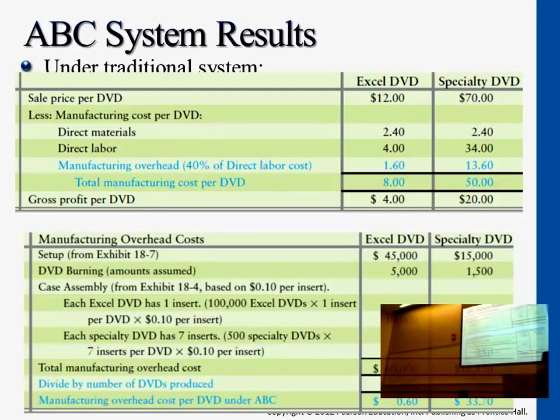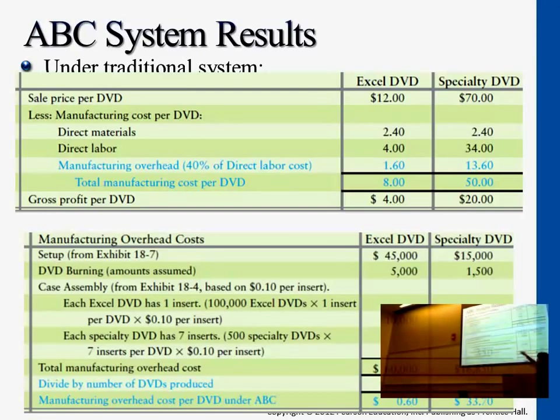What was the cost for the beginning ones? If we use last chapter's method, the traditional method instead of ABC, we will be getting $8 cost per DVD for Excel, right? And the other one is $50, right? Are you following this?